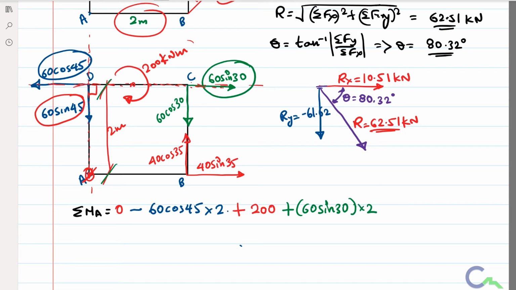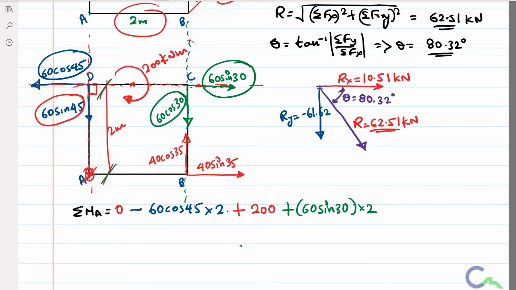Then we have one more component of 60 kilonewton, that is 60 cos 30, the vertical component. If I shift that force along its line of action, it is not passing through A, therefore it is going to rotate about point A. So imaginarily I will shift that force here. If I apply that force, it is going to rotate about point A in the clockwise direction.